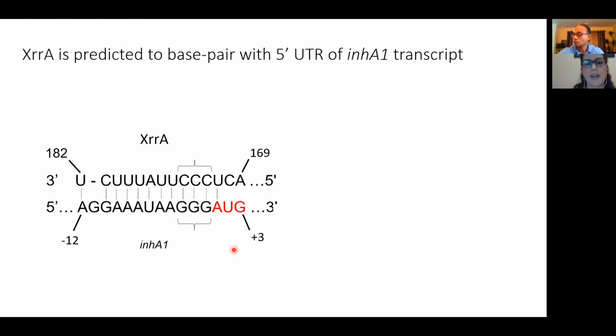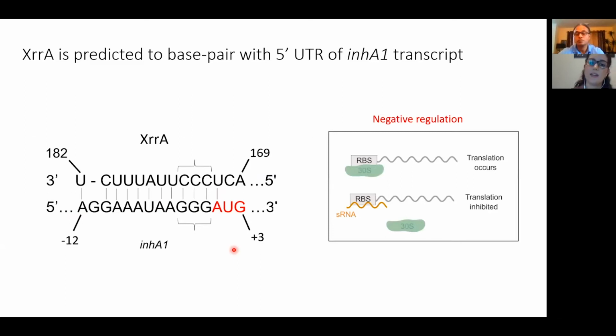This kind of interaction is reminiscent of that first mechanism that I mentioned at the beginning of my talk, where interaction between the sRNA and the RBS of a transcript can block recruitment of the 30S subunit of the ribosome and thus inhibit translation.